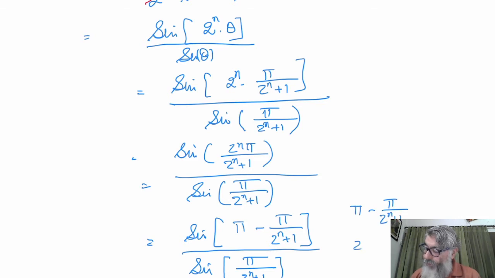So it will be 2n pi plus pi minus pi upon 2n plus 1, so this will cancel. You will get the same thing you started with.